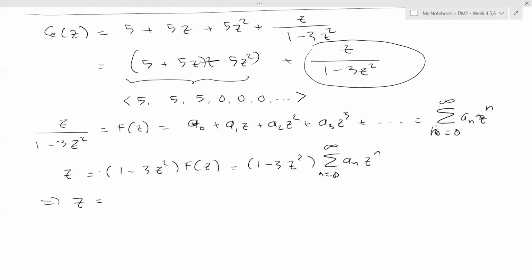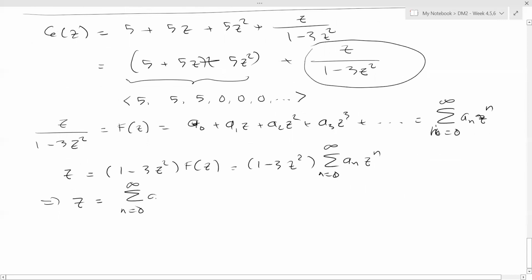Now the right hand side is actually the sum of n from 0 to infinity a_n z to the power of n. This is one part. So you multiply them, 1 multiplied by this, and then minus 3z squared times the sum from n equals 0 to infinity a_n z^n. Now this is of course F(z) itself.